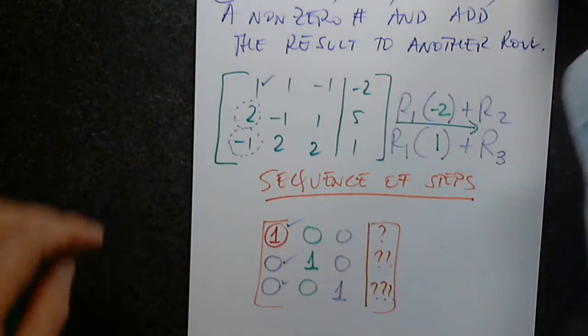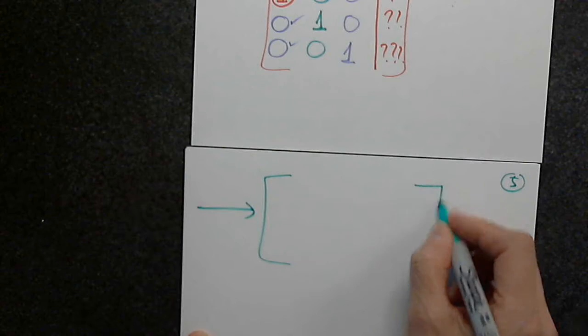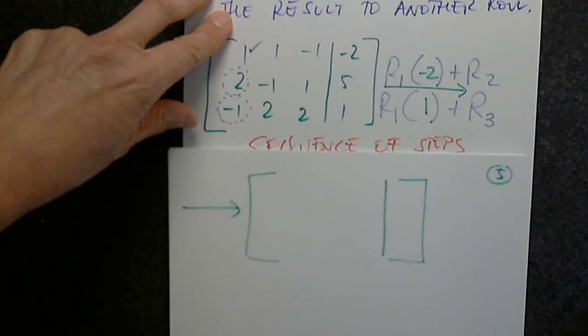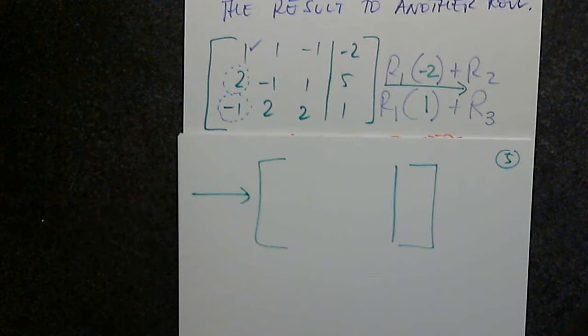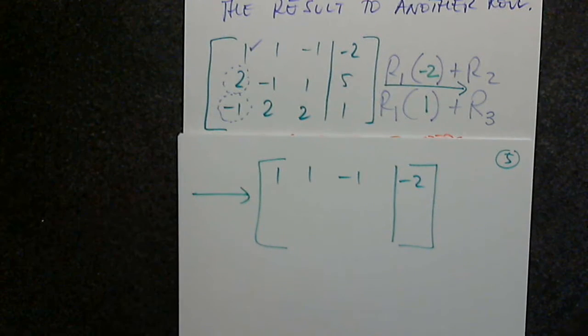So let's write the next step. Arrow, not equal symbol. Which row do I have to copy because I know it does not change? Exactly. 1, 1, -1, -2, because that's carved in stone for now.